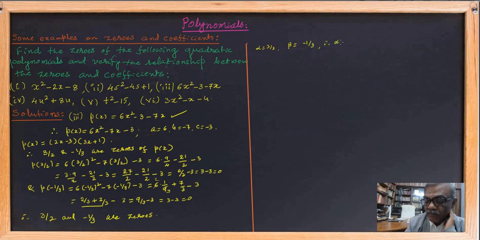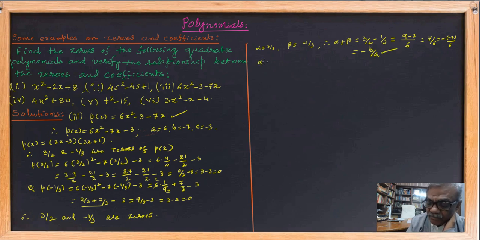Therefore, alpha plus beta is equal to 3 by 2 minus 1 by 3, that is 9 minus 2 over 6, that is 7 by 6. Now observe, this is minus of minus 7 by 6, that is nothing but minus b by a. This holds good.